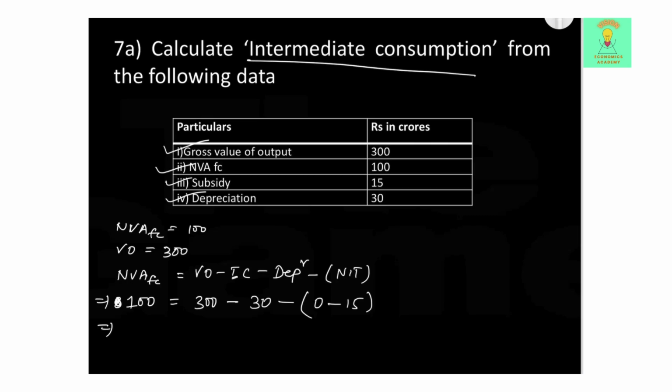All right, now sorry, I have forgotten to write IC here, minus IC. So we'll put all the numbers this side, which gives us 100 minus 300 plus 30 minus 15 equals intermediate consumption.